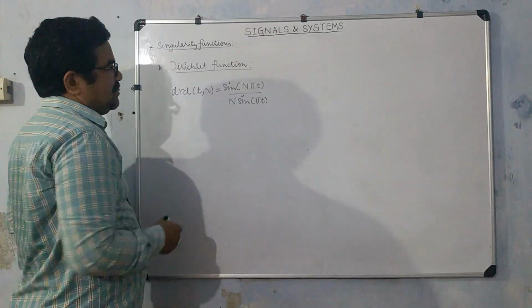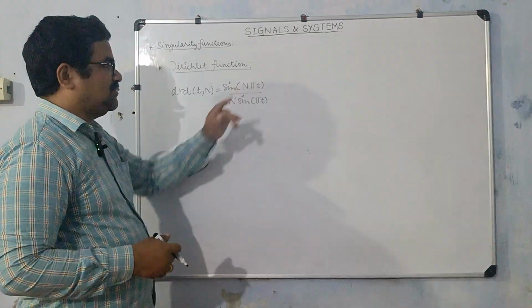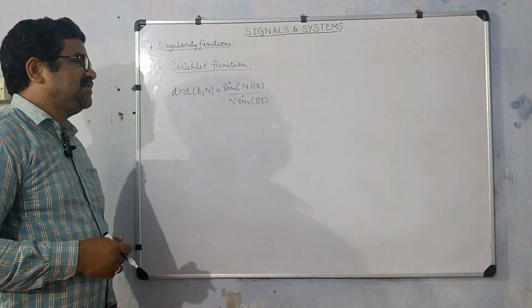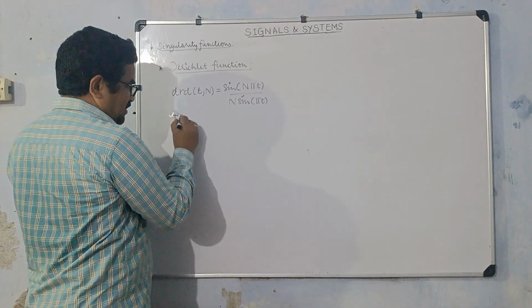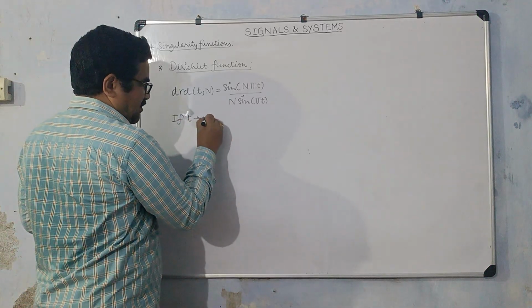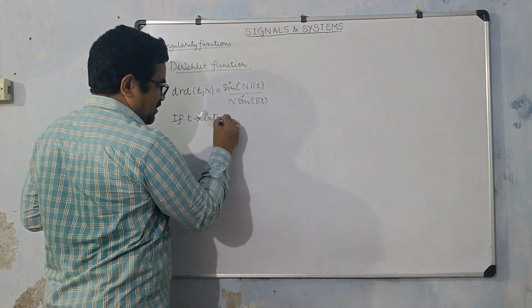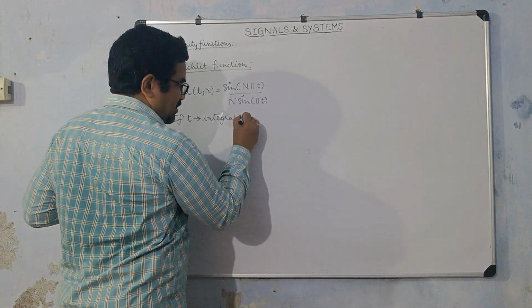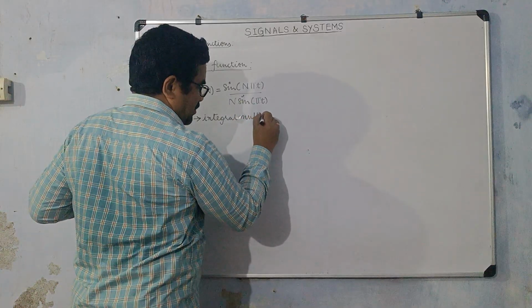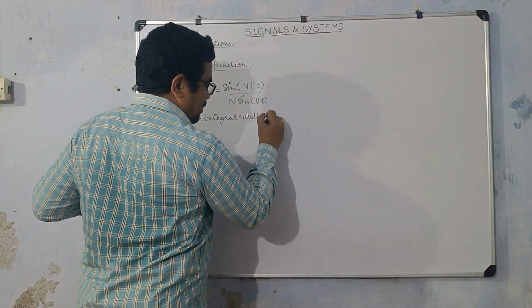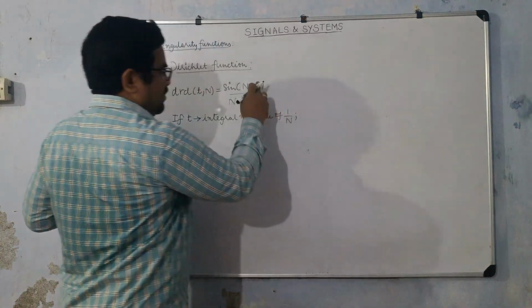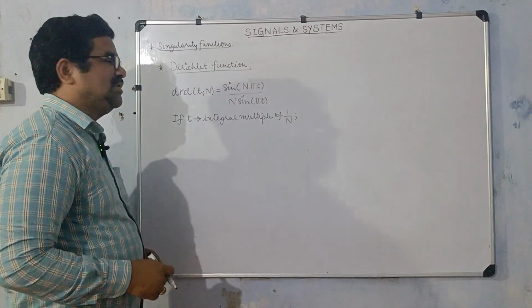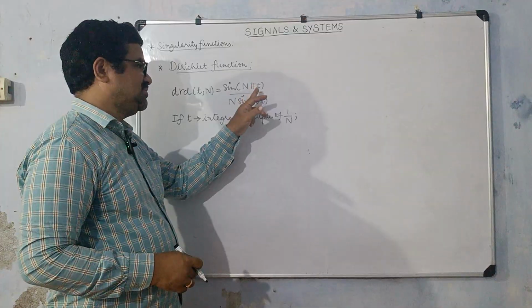Now if I want to draw this Dirichlet function, I should know its value for different instants of time. Now if t is an integral multiple of 1 by n, then for 1 by n, n gets cancelled and sin pi is 0.